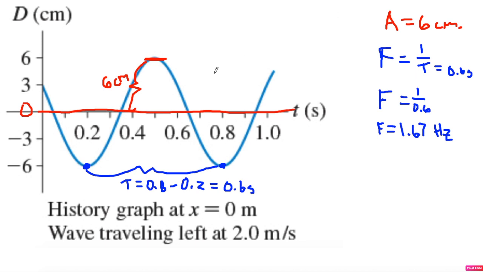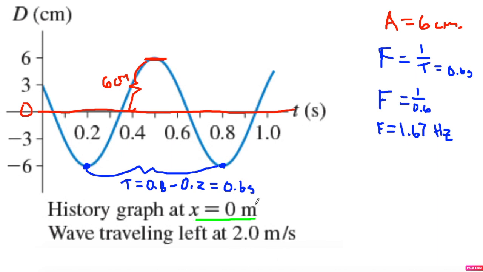Alright, our third question asks, what is the wavelength of this wave? Now you may wonder why the wavelength is not 0.6 seconds, being that the wavelength is similar to the period. However, this is a history graph, which measures the location of one individual point of the wave, which in this case is the point at x equals 0 meters.